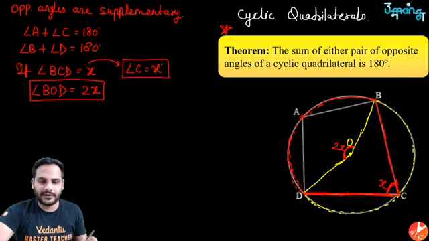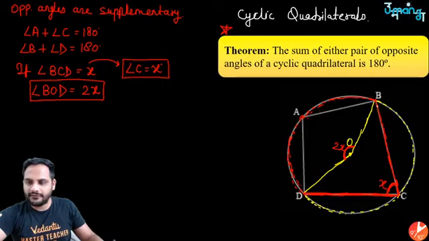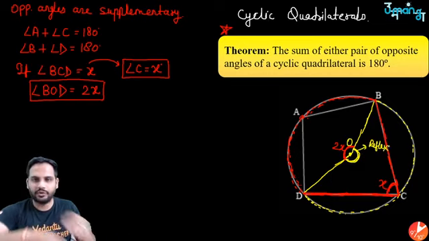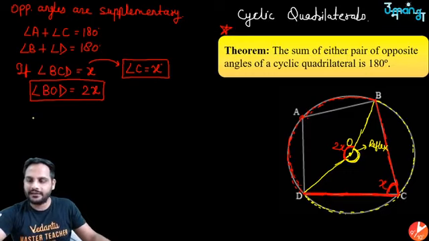Similarly, let us find out the next part. If I take arc BCD, it subtends this angle at the center. This angle will be the reflex angle, more than 180 degrees. So this angle will be double of angle BAD.